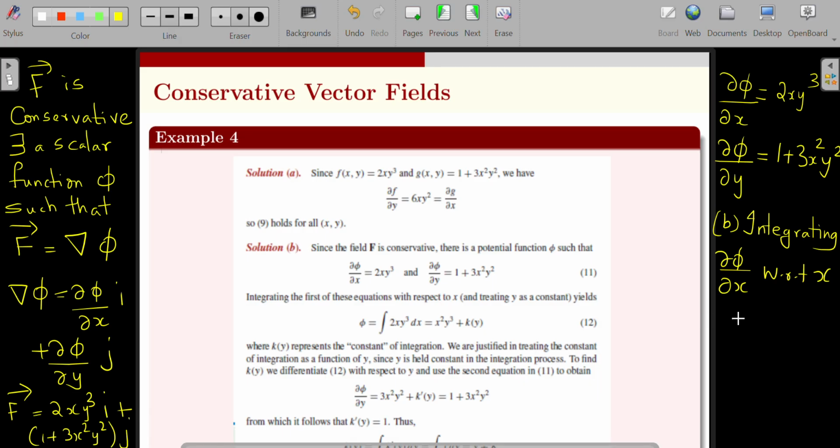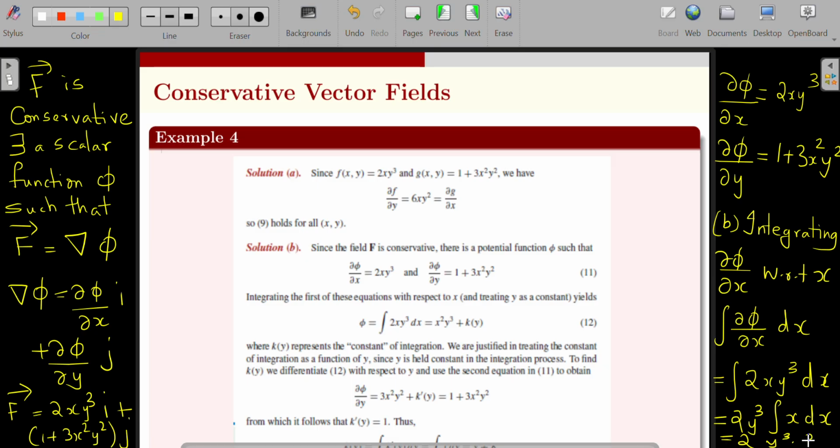Because we need to find the function φ. So the integral of ∂φ/∂x with respect to x is the integral of 2xy³ dx. Here 2y³ is a constant with respect to x, so we can take it outside: integral of x dx. So this will be 2y³ into x²/2.